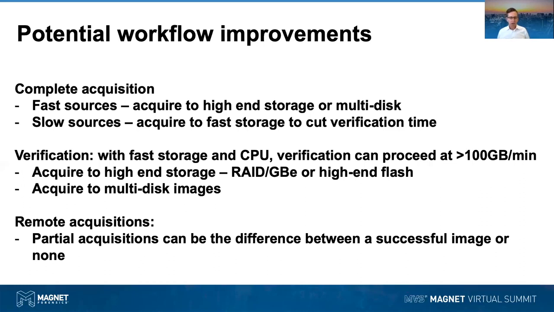So in the current environment where we're doing a lot more remote acquisitions, doing partial nonlinear acquisitions gives us the ability to prioritize acquiring the high valued stuff first. And then if we have the time and reliable networking, we can grow that image to the point that it's much more complete or potentially fully complete.